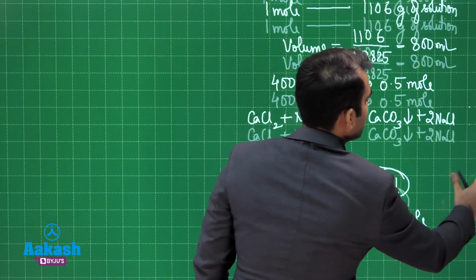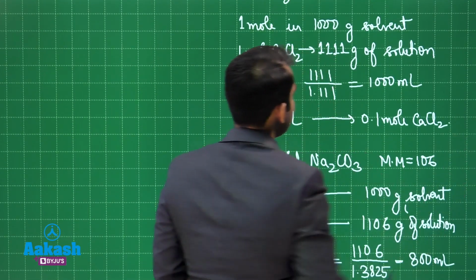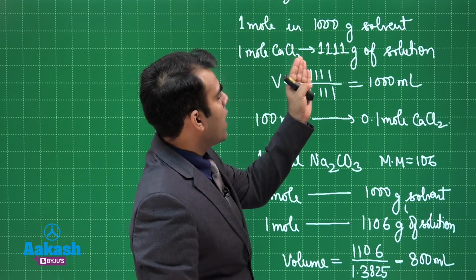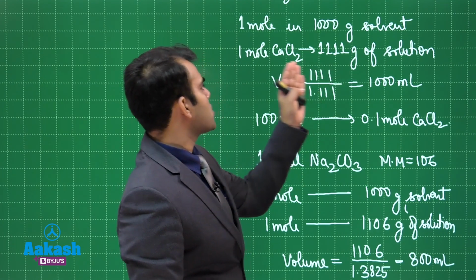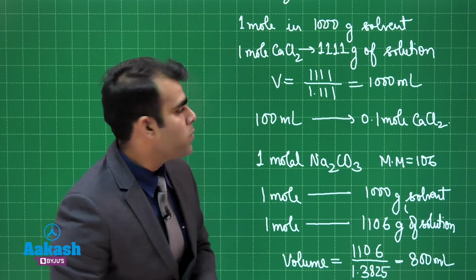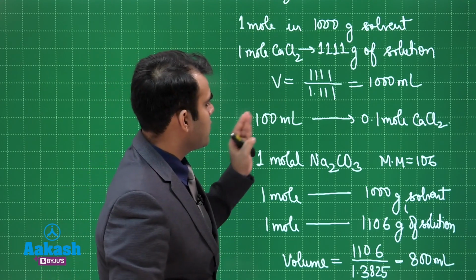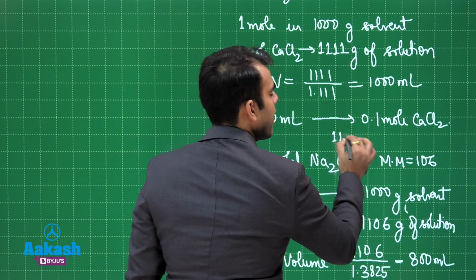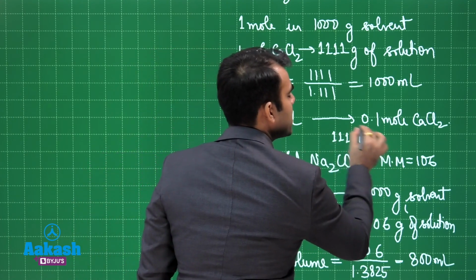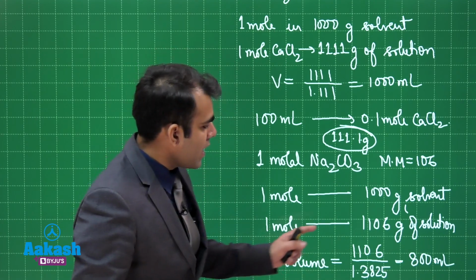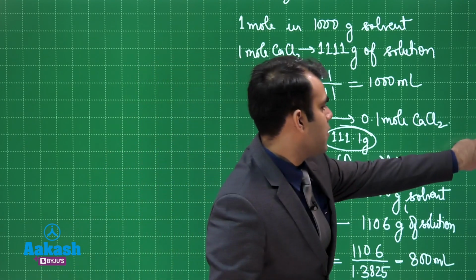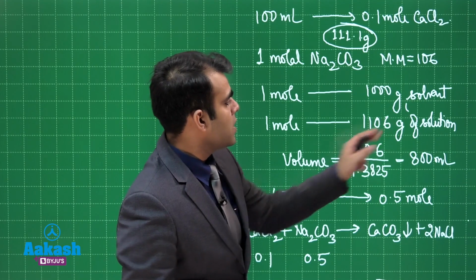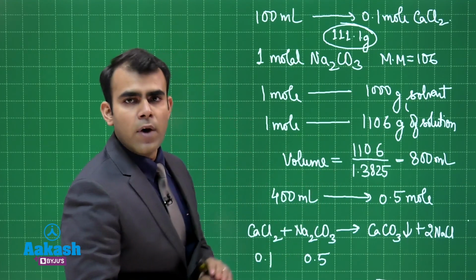So the total mass you can see here is that we are having 1111 gram of solution is 1 mole. So 0.1 mole, because we are having only 0.1 mole, and that is present in 111.1 gram. Similarly, here I have 1106 gram of solution in which we have 1 mole.